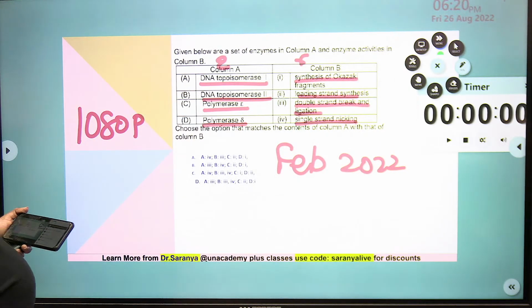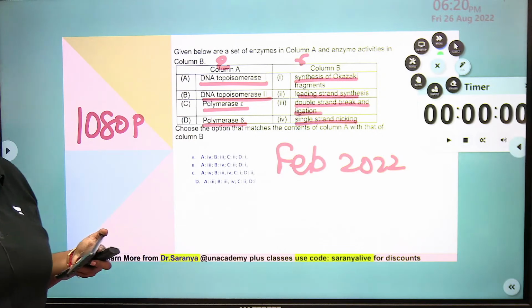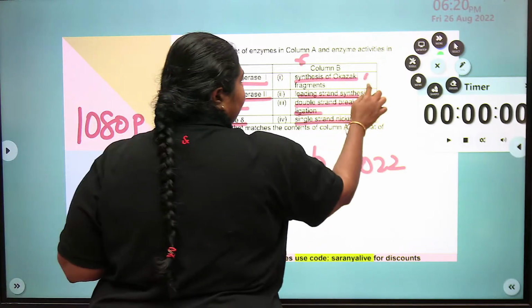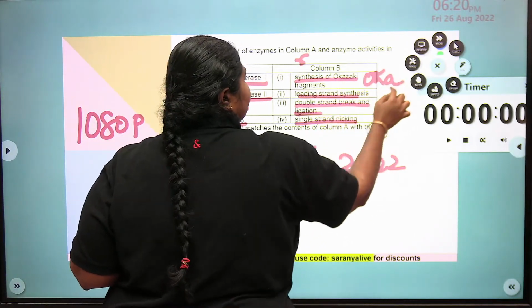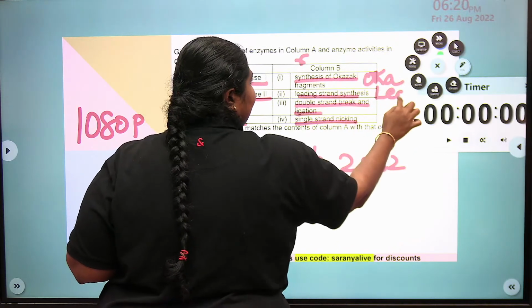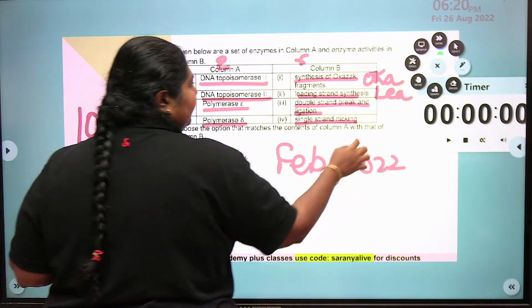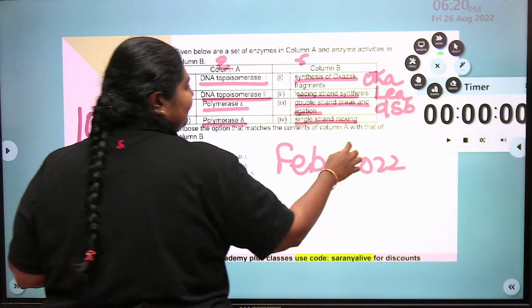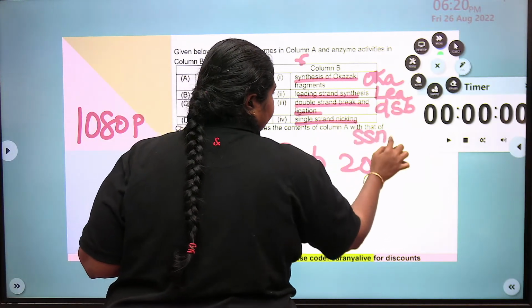First one is Okazaki fragments. Second one is the leading strand. Third one is a double stranded break. Fourth one is the single stranded nick.